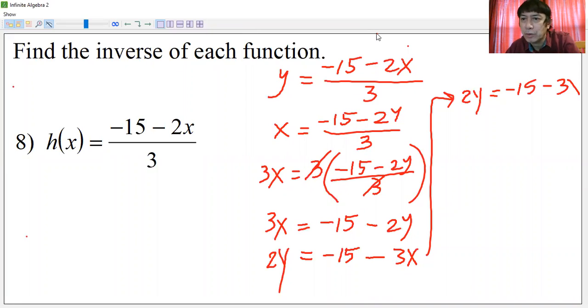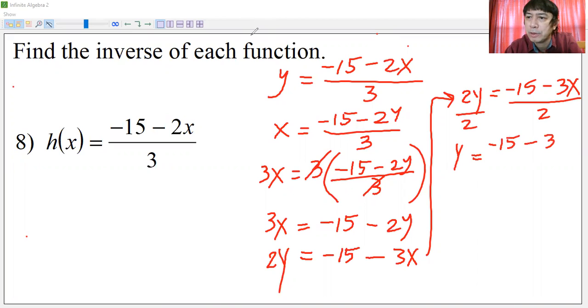All right, so 2y is equal to negative 15 minus 3x. We shall just divide this by 2 and divide this by 2. The left side becomes y, equal to negative 15 minus 3x over 2.